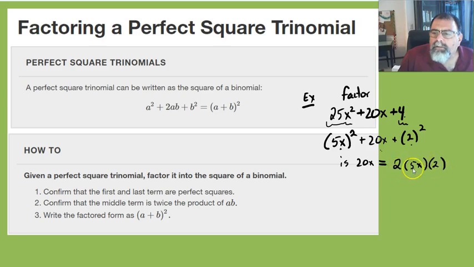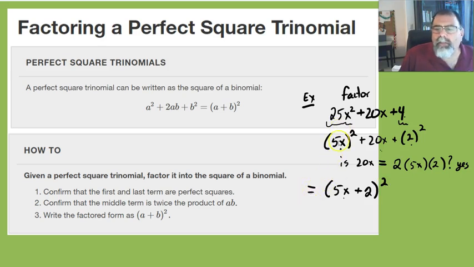So is 2 times 5x times 2, let's say 2, 10, 20x? And the answer is yes. If it does, then it fits the pattern, and then you know that this is just going to be 5x plus 2, so it's a plus b squared. And then you don't have to do any factoring techniques other than that.